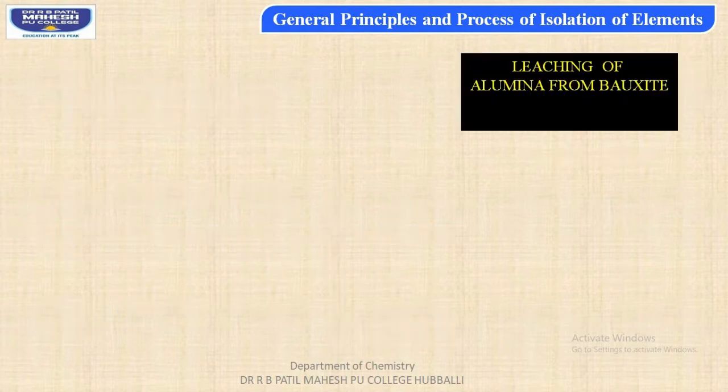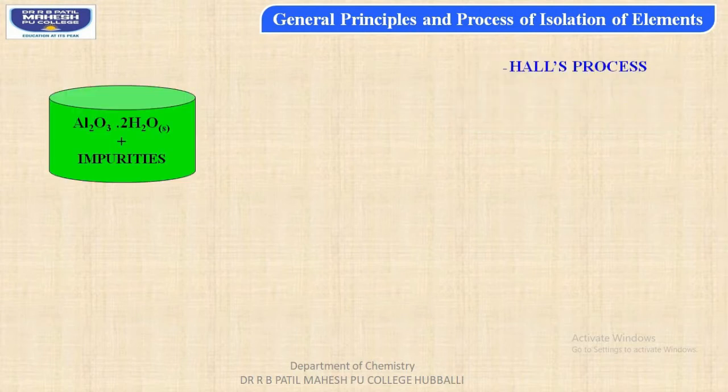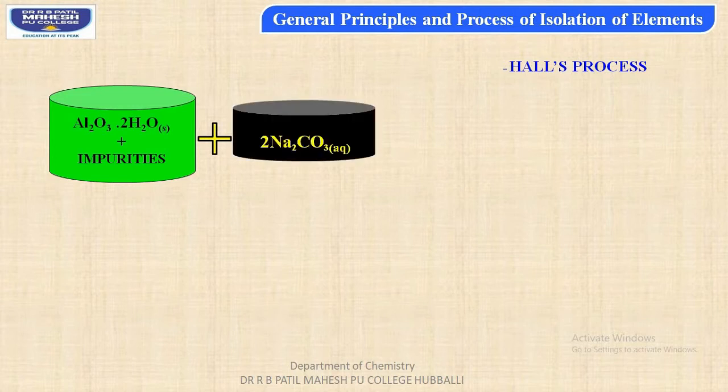Let's proceed with leaching of alumina from bauxite, which can be done by Hall's process. Aluminium oxide dihydrate, which is present in the bauxite ore along with the iron impurities, is treated with the reagent sodium carbonate in water, that is, aqueous.